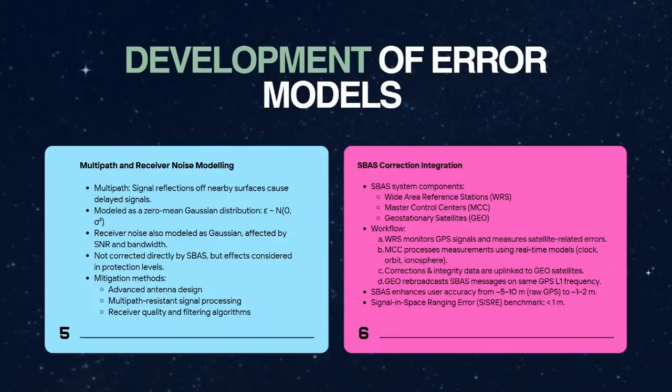The GEO rebroadcasts the SBAS message on the same GPS L1 frequency. SBAS enhances the user accuracy from 5 to 10 meters raw GPS to 1 to 2 meters. Also, the signal-in-space ranging error, SISRE, benchmark is lower than 1 meter.